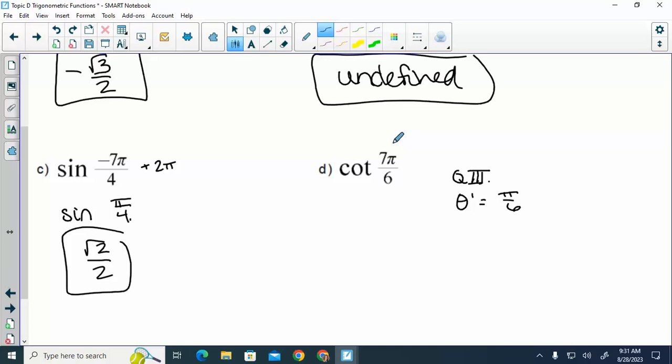So in quadrant 3, tangent is positive, so that means cotangent is positive. Okay, if you remember the hand trick, tangent was square root of the top over square root of the bottom. So cotangent flips it. So square root of the bottom would be radical 3 over square root of the top is radical 1. So we just get radical 3.